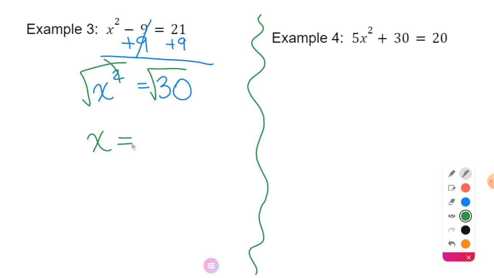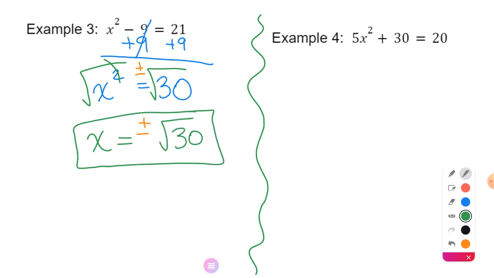X equals, don't forget my plus minus. Now square root 30 doesn't simplify, so you are good right there, square root 30. If I were to make a factor tree for 30, it would be 2 times 15, 3 times 5. But I don't have any pairs, so there's no way to simplify it.